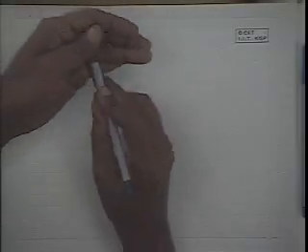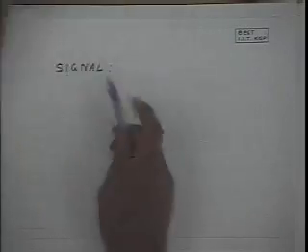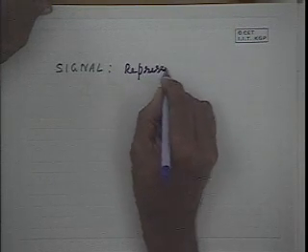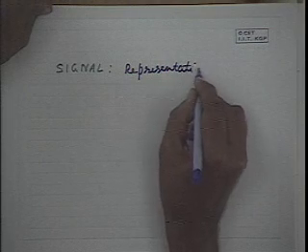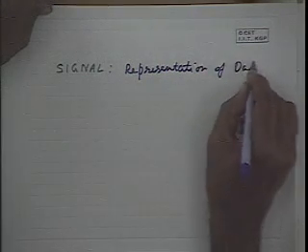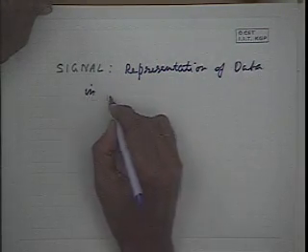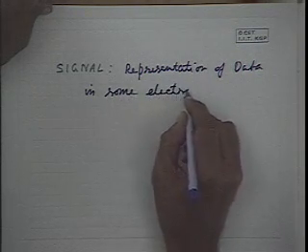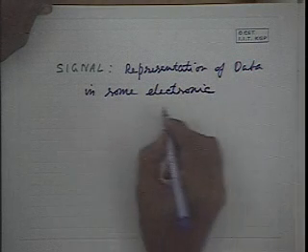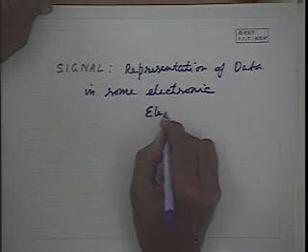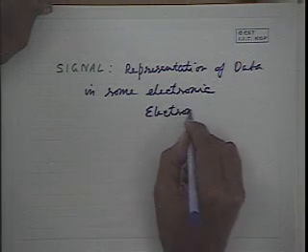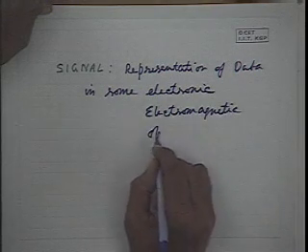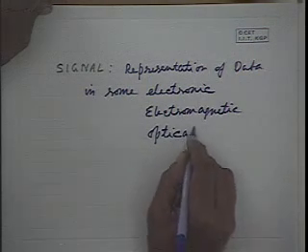Signal is a representation of data in some electronic, electromagnetic, or optical form.